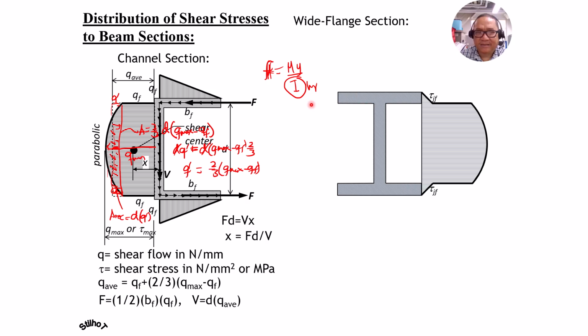Then just below the junction, the width of the section is now the width of the web, so it is greater. That's why it rises rapidly, and we'll call this tau J web to remind us that it is now in the web part. And this is the maximum shear stress or shear flow. And again, that's parabolic.